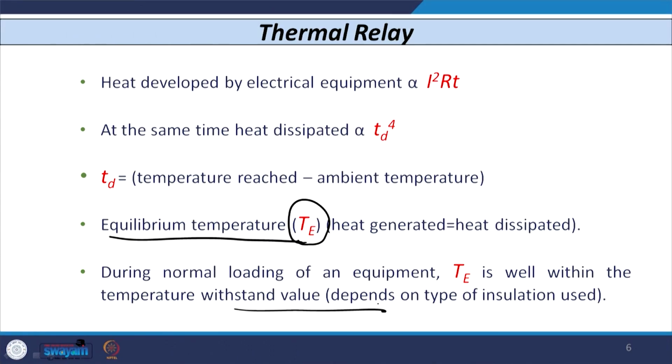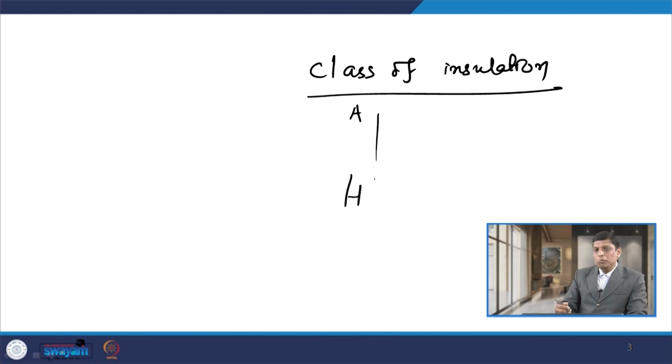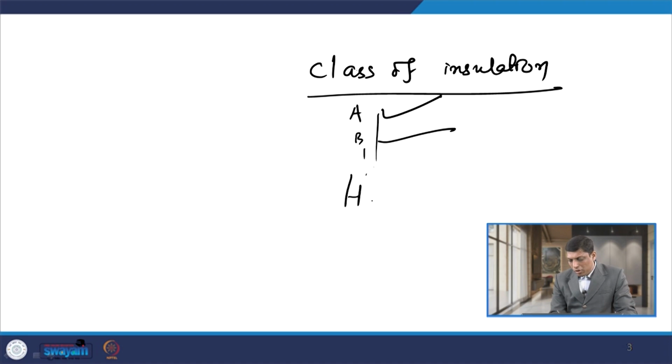This withstand limit is decided by the type or class of insulation used by the winding. For any winding, the classes of insulation are available from A to H. There is class A insulation, class B insulation, up to class H insulation, and each class of insulation is capable of withstanding a certain level of temperature.